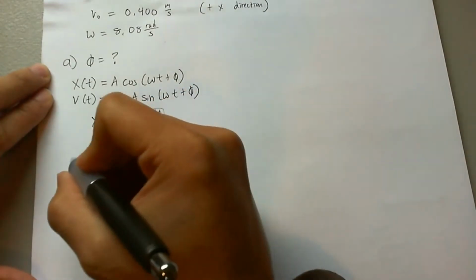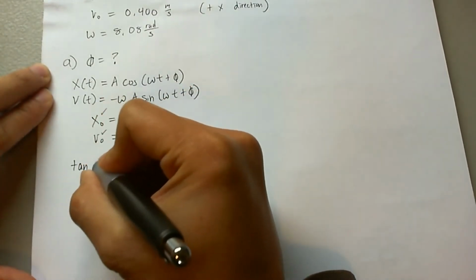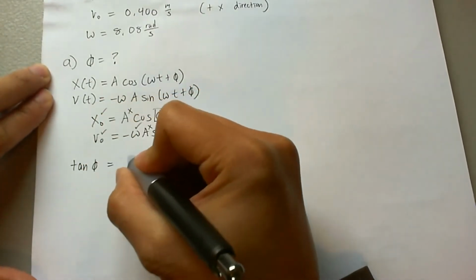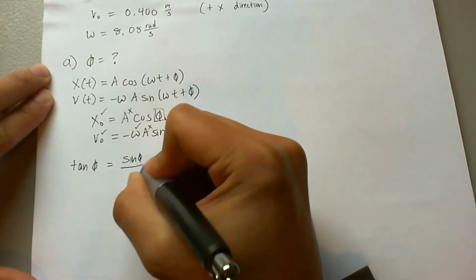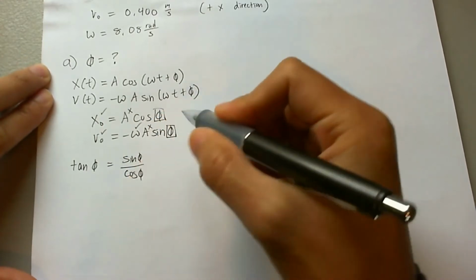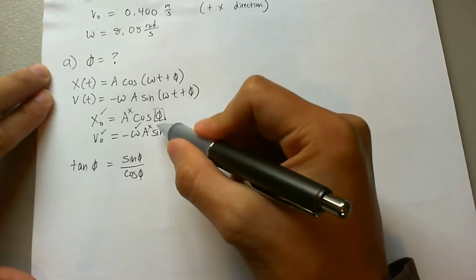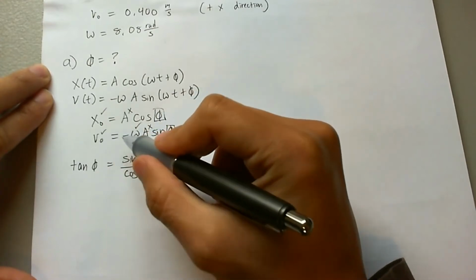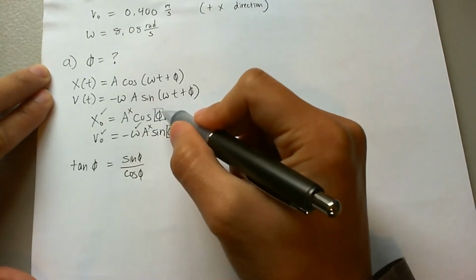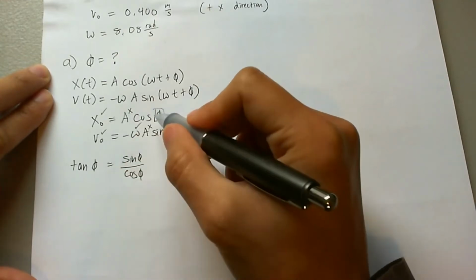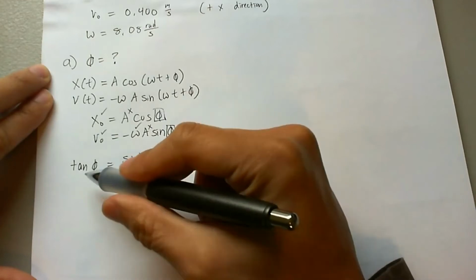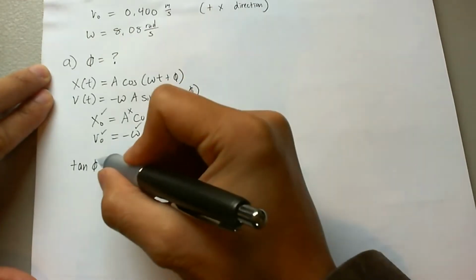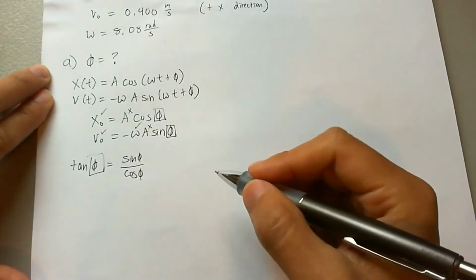Why don't we say tangent of phi is equal to sine of phi over cosine of phi. Now what we can do is take sine of phi, isolate it in terms of v naught, take cosine of phi and isolate that in terms of x naught, and take the ratio of the two to get a tangent phi, which would then give us what we want to find eventually.